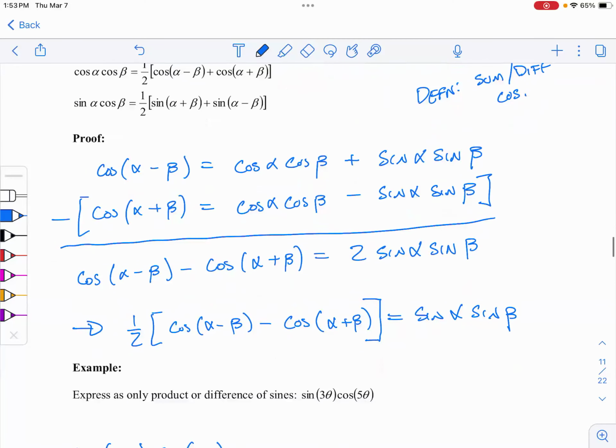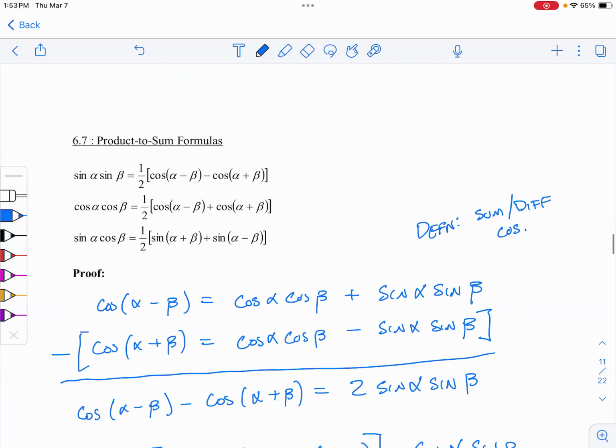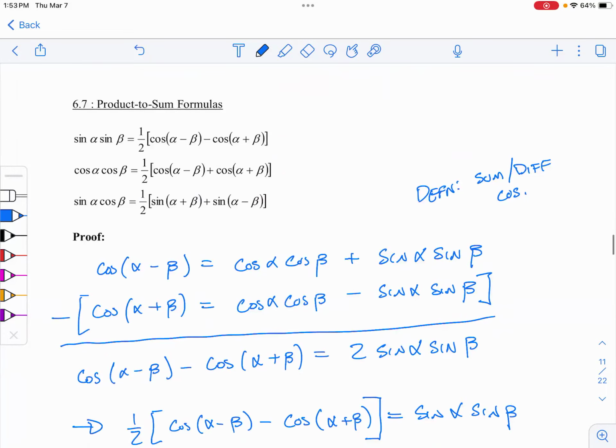So looking at our equations, I have sine 3 theta, cosine 5 theta. So sine times cosine, right? That one's sine times sine. That one's cosine times cosine. Oh, look, there's sine times cosine. So it means I'm going to use this one, and the sine is alpha and the cosine is beta.